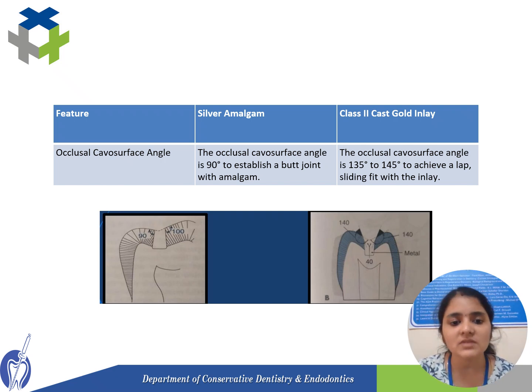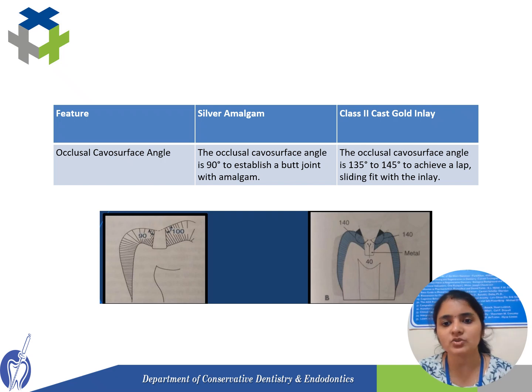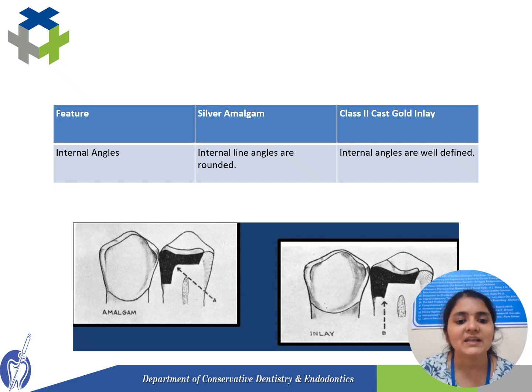Coming on to the occlusal cavosurface angle, it is 90 degrees for amalgam to establish a butt joint with amalgam, and the occlusal cavosurface angle is 135 to 145 degrees in the case of class 2 cast gold inlay to achieve a lap sliding fit with the inlay. Coming on to internal angles, the internal line angles are rounded in the case of amalgam, whereas in a class 2 cast gold inlay, internal angles should be well defined.